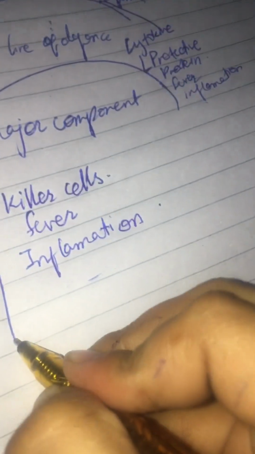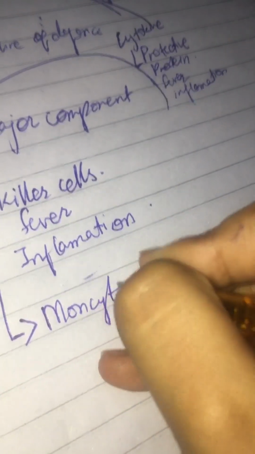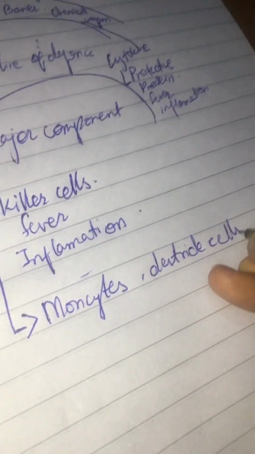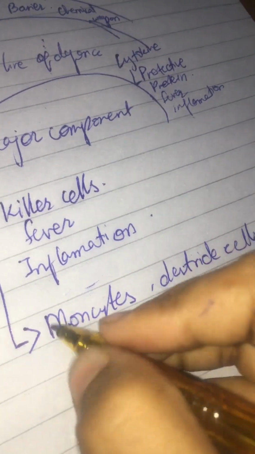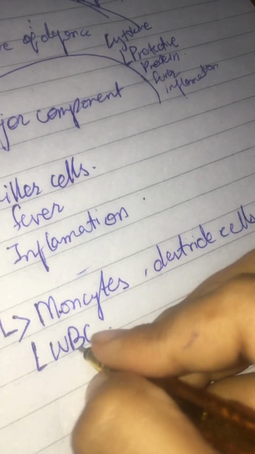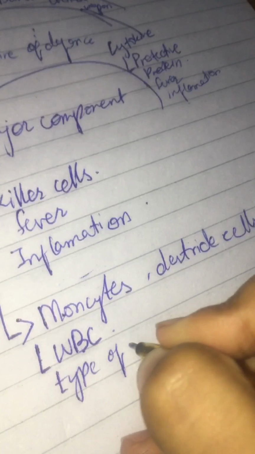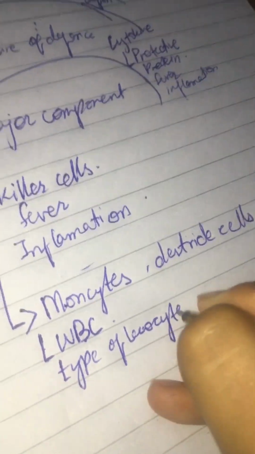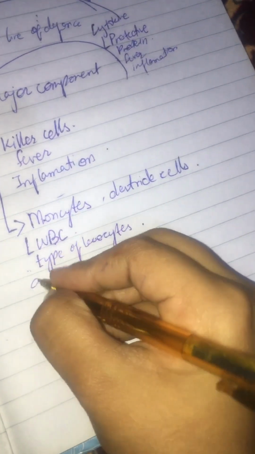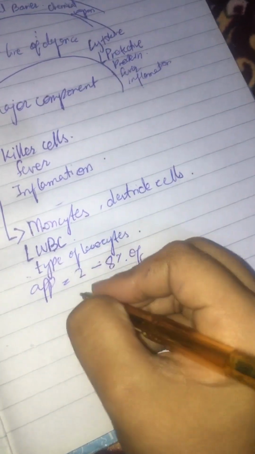First, this killer cell will be divided into monocytes and dendritic cells. A monocyte is a type of white blood cell, a type of leukocyte. It covers approximately 2 to 8% of white blood cells.